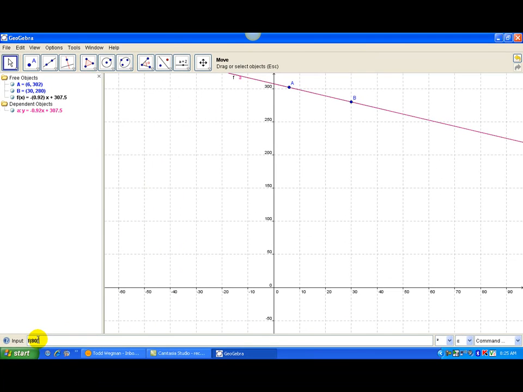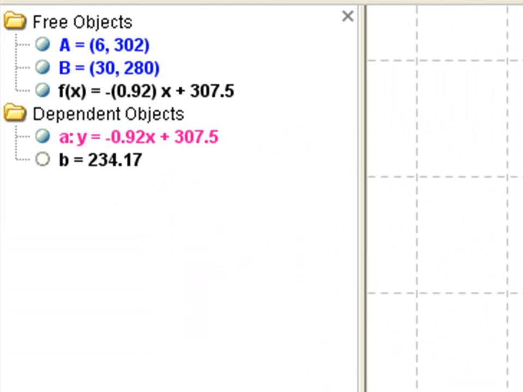So I can write f of 80. And there's my answer. Students can understand that on day 80, I should weigh 234.17 pounds. Again, that never happened, but there's the basic idea.